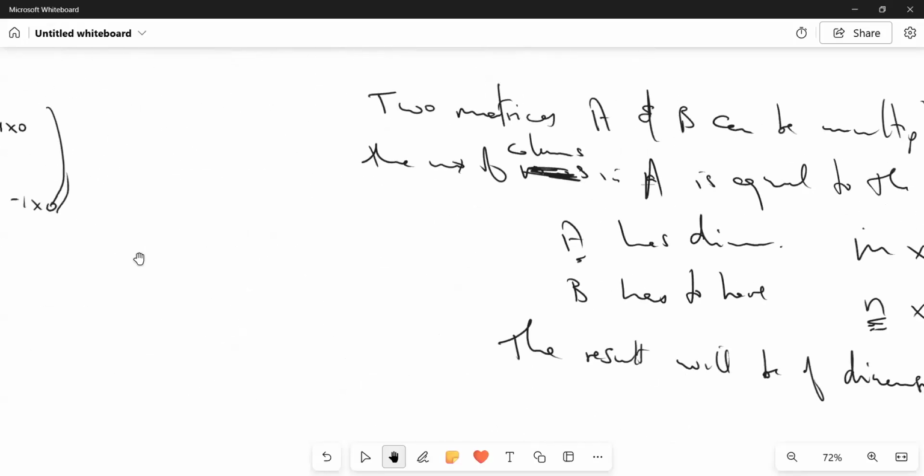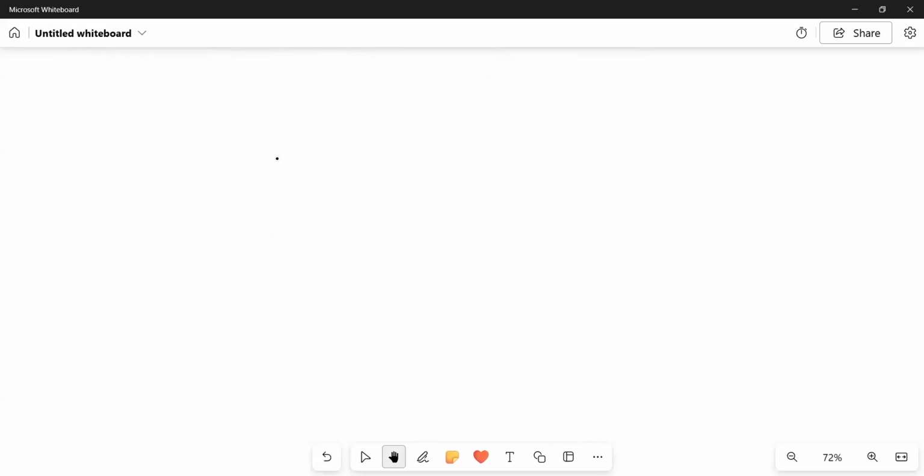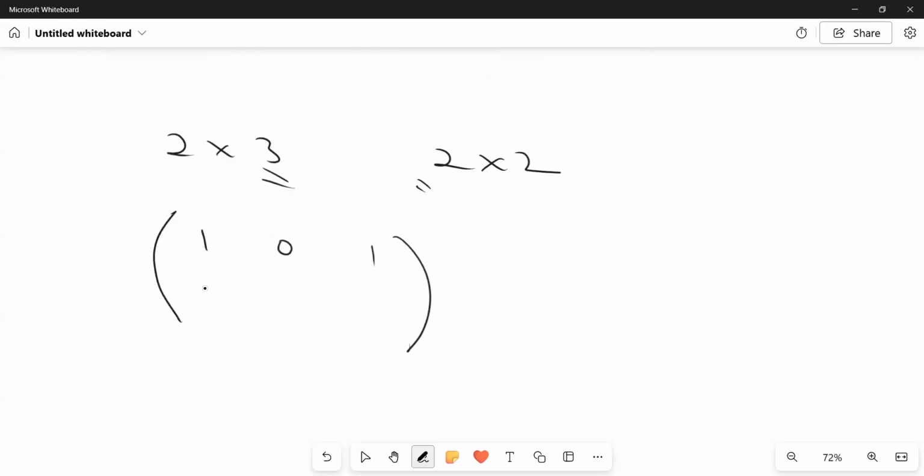Let's try something like this. Let's try a 2 by 3 and a 2 by 2. So here, this is not equal to that. So let's try it and see what happens. So 2 rows and 3 columns: 1, 0, 1, 2, 1, 0, times a 2 by 2: 1, 0, 0, 1. So what would happen here if we try to multiply this?